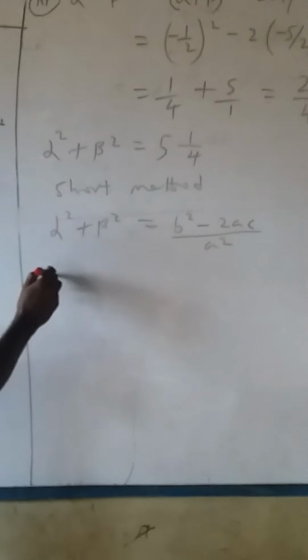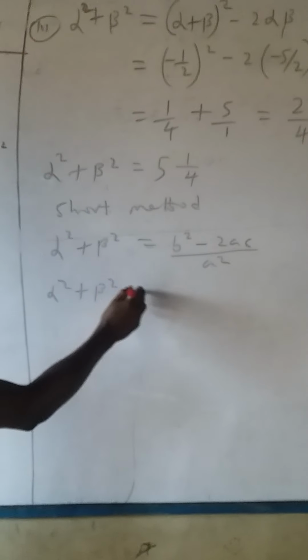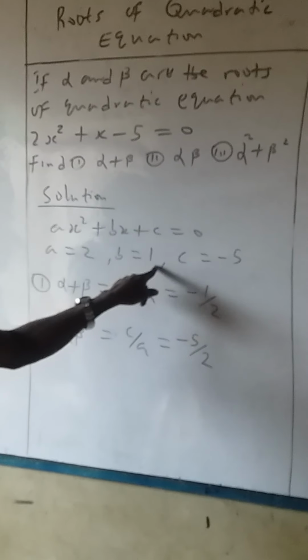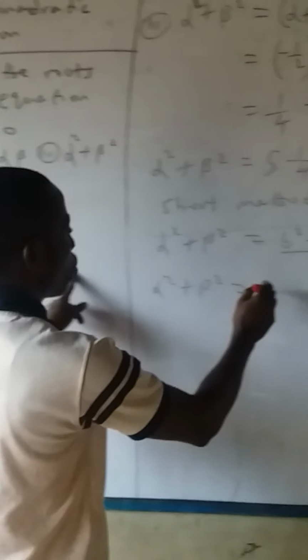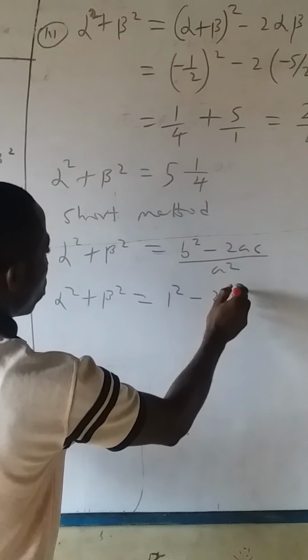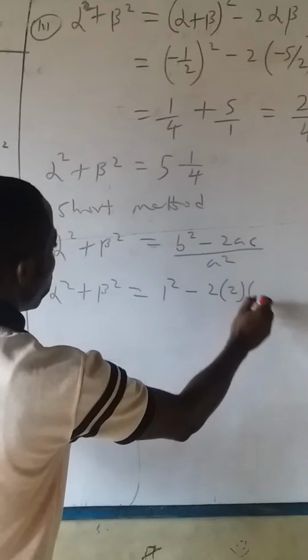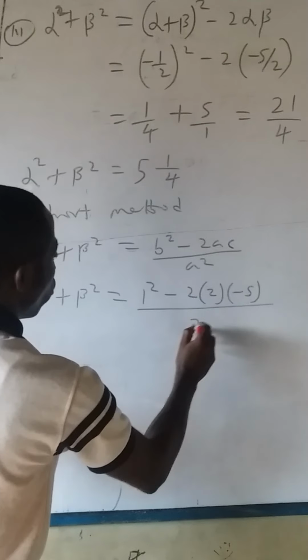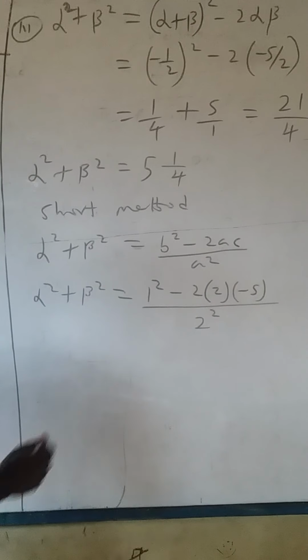So in this case, don't forget we have the provisions for a, b, and c: a equals 2, b equals 1, and c equals minus 5. So I'm going to have 1 raised to power 2 minus 2 into bracket 2 into minus 5, everything over 2 raised to power 2.